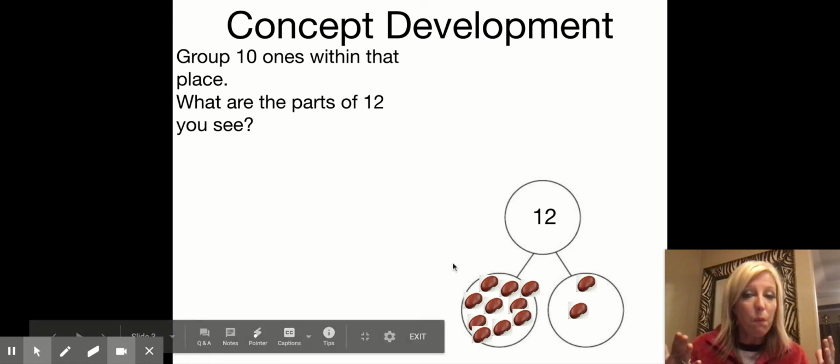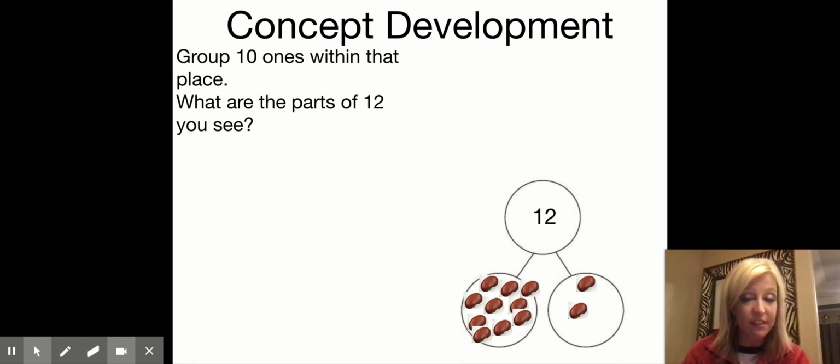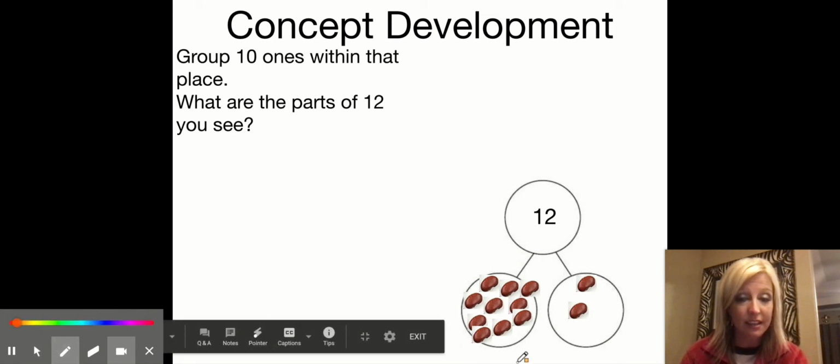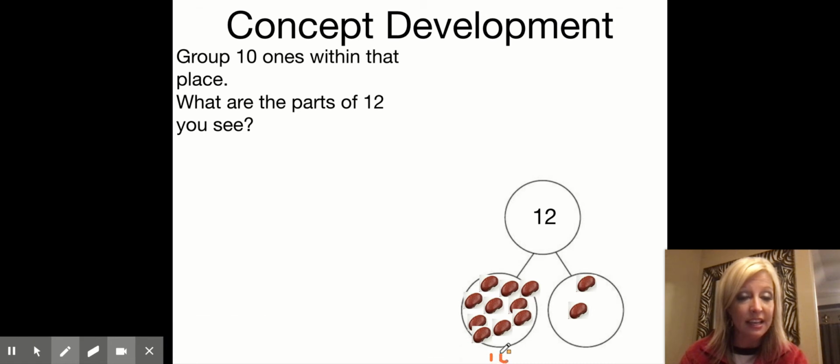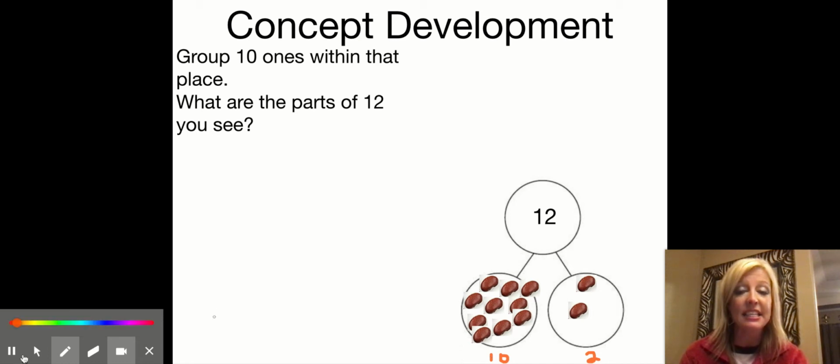So what are the parts of 12 that you see? Very good. You see 10 and 2. So our whole is 12, and we've decomposed that or broke it down into parts of 10 and 2.